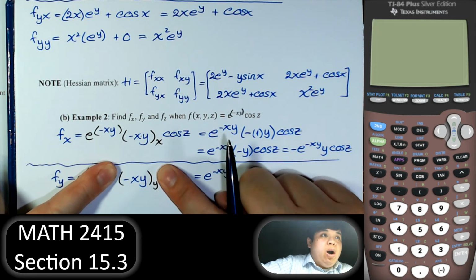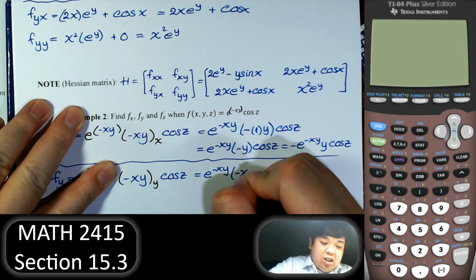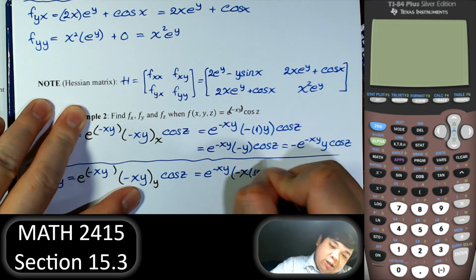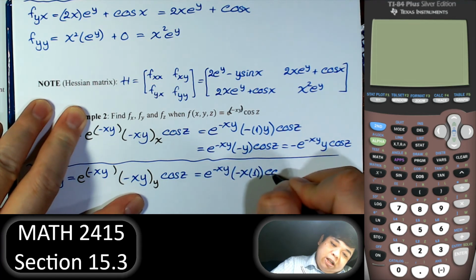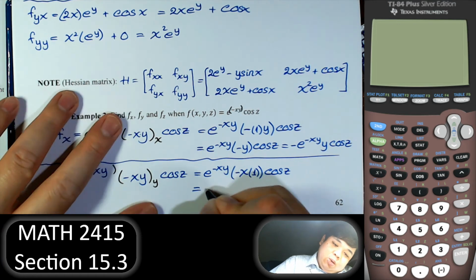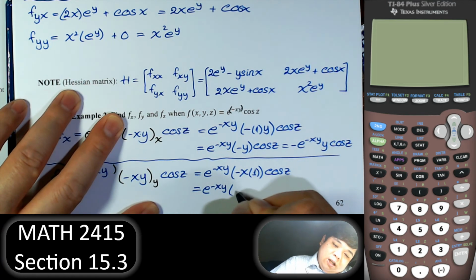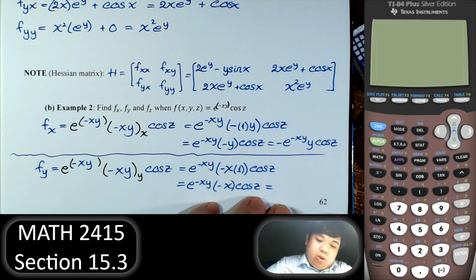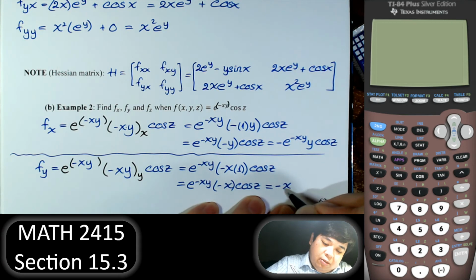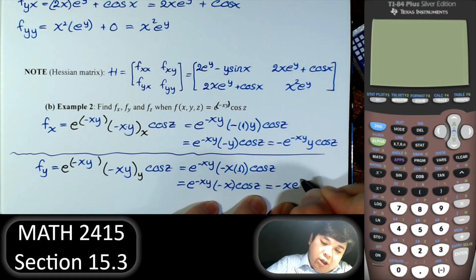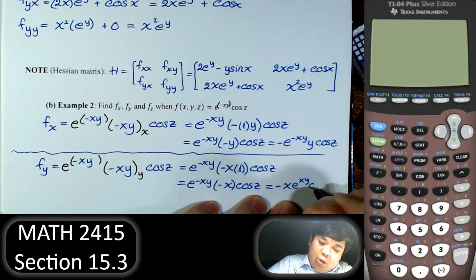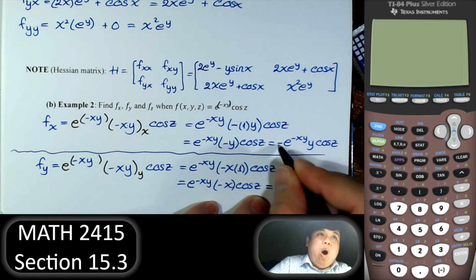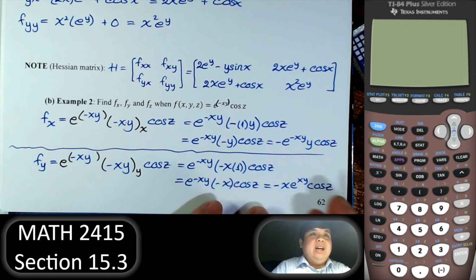Derivative of this with respect to y, x is a constant. So negative x is still there. Derivative of y is 1. And cosine of z is constant, will stay there. So I have e to the negative xy, negative x, cosine z. So we'll have negative x e to the negative xy cosine z. Yeah, you can put the y in front or keep the y there or move the x here, it doesn't matter.